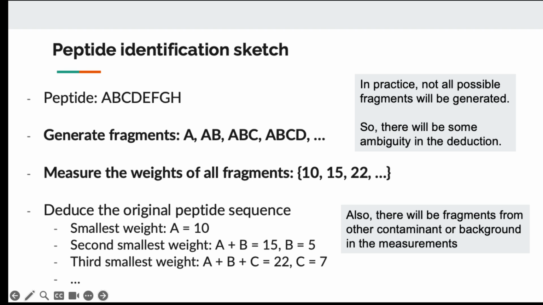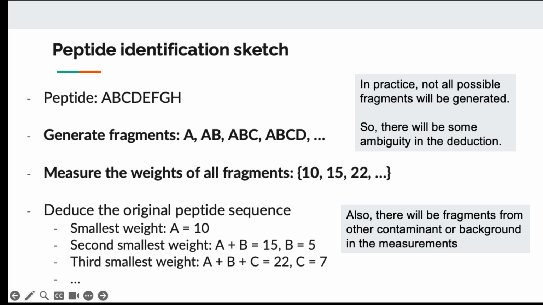It's 5 more than 10. So we know that the second fragment that we can see, which is small, could be AB. So we know that A has a weight of 10 and AB has a weight of 15. So we can infer that the second amino acid B must have the weight of 5. And we can do a lookup table for which amino acid has the weight of 5. And then we see the third weight being 22.